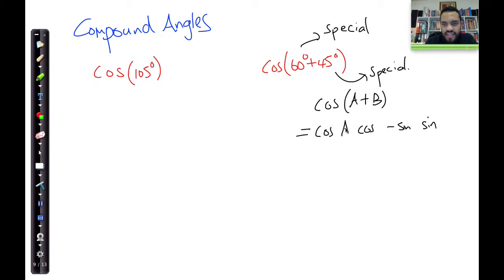That's A, that's B, that's A, that's B. In other words, it's cos A multiplied by cos B minus sine A times sine B. This is the identity for cos of something plus something.